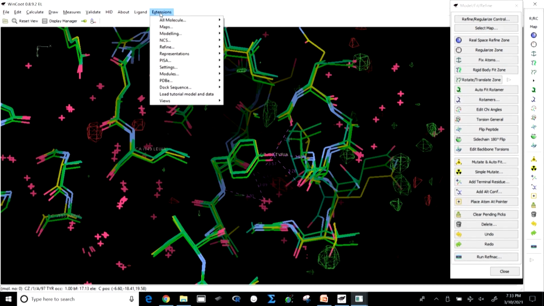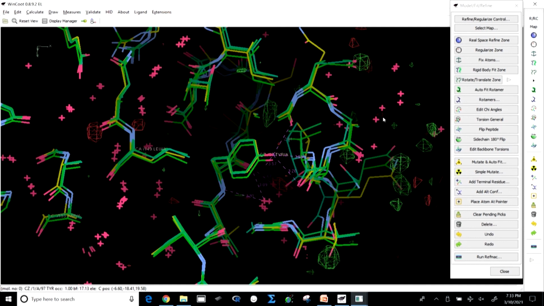Also, you could get a lot of extensions which help you get more options. So, that is in one word the preliminary use of COOT. As I told, this is definitely not enough, but this shows you the power.